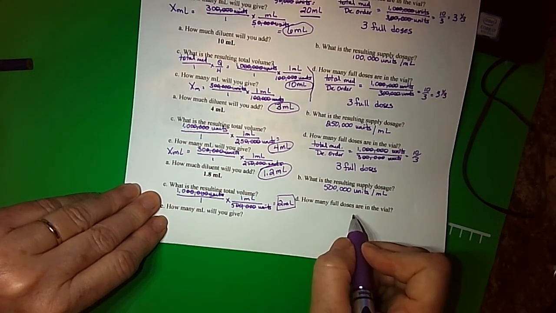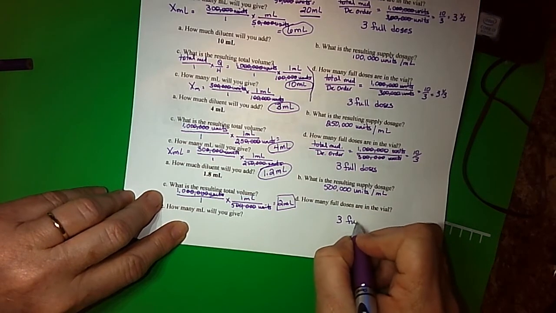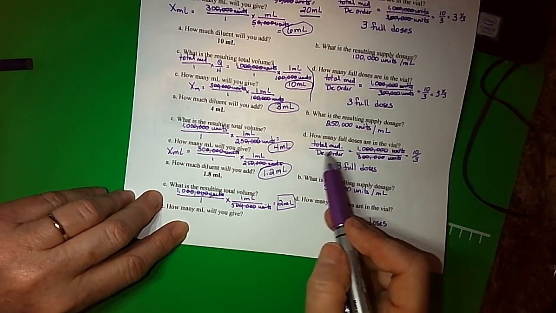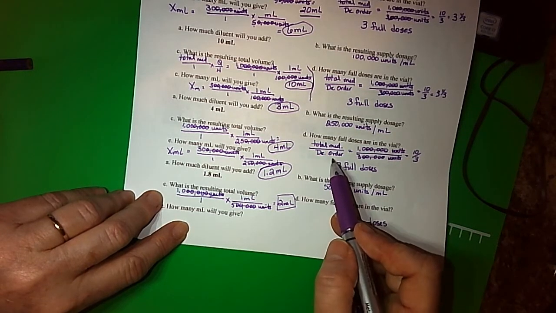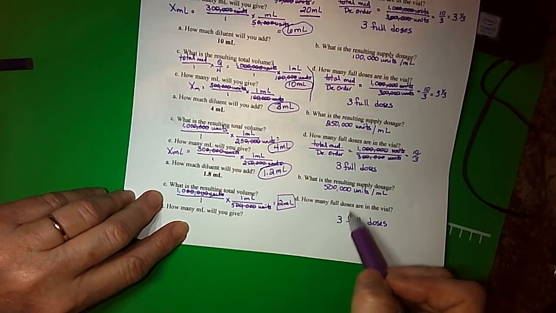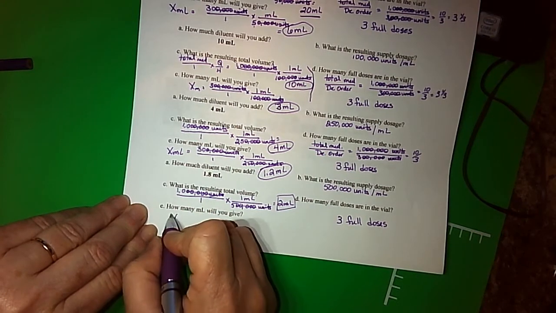So how many full doses are in the vial? I'm not working this one again. It's the same thing. It's 3 full doses because it's my total medication over my doctor's orders. So 1 million units over 300,000 units. It's the same thing. How many milliliters will you give?